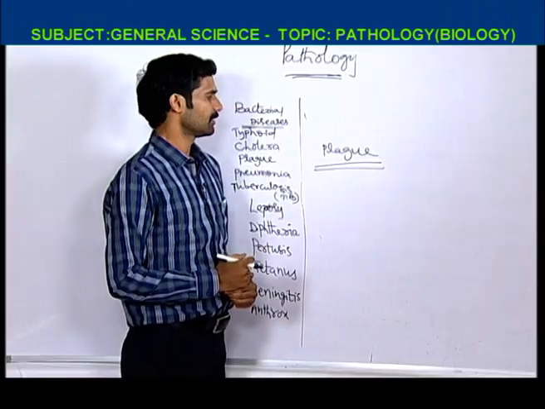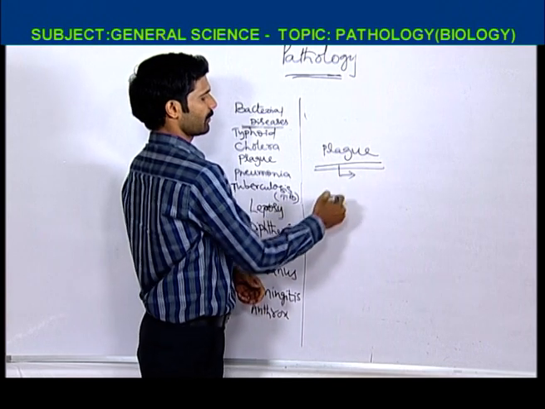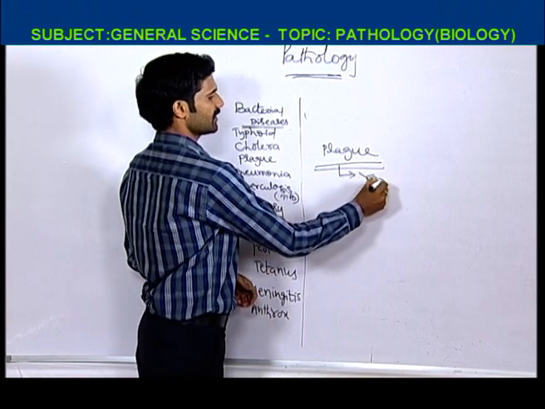Next bacterial disease, plague, is caused by a bacterium namely Yersinia pestis.